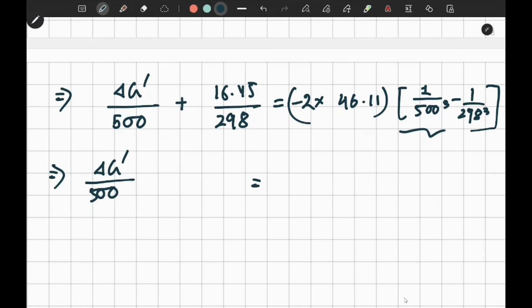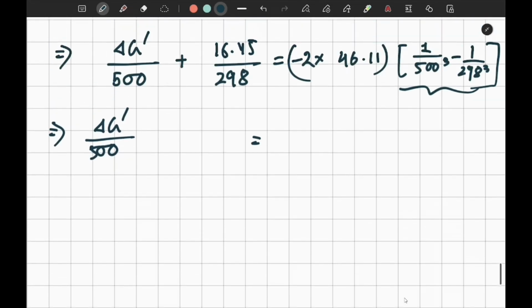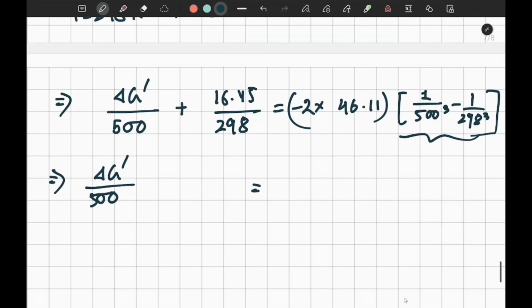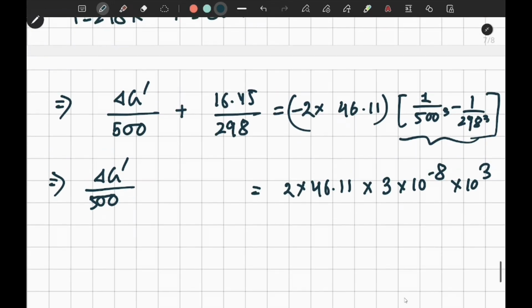This is a very, very small quantity, obviously, because t to the power cube is there. So eventually it is given as minus 2 into 46.11 into 3 into 10 to the power minus 8. So it's a very small quantity, you can see. But this is in kilojoule, so there will be a 10 to the power 3. And this is also in terms of kilojoule, so it will be again 10 to the power 3.